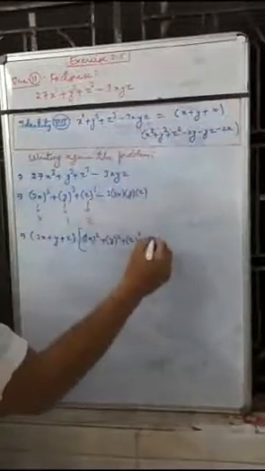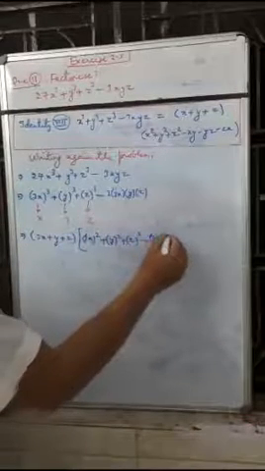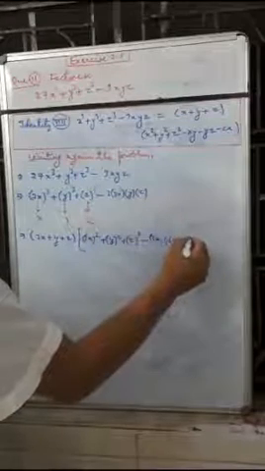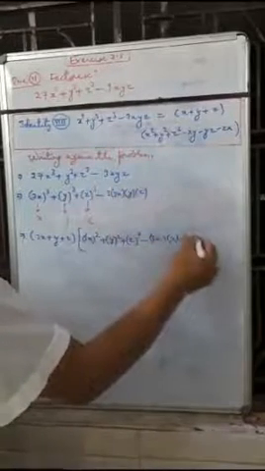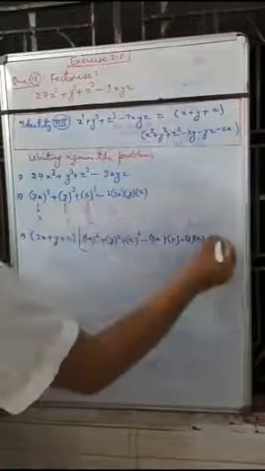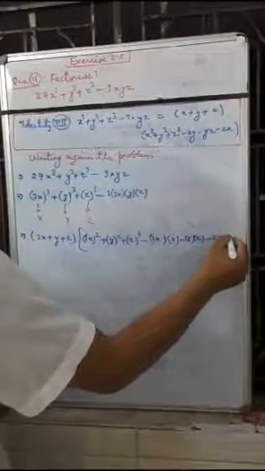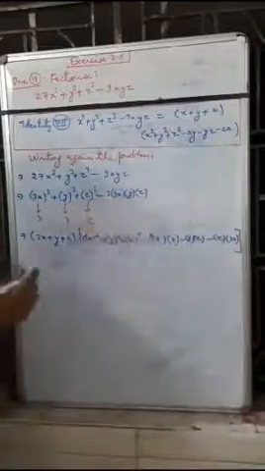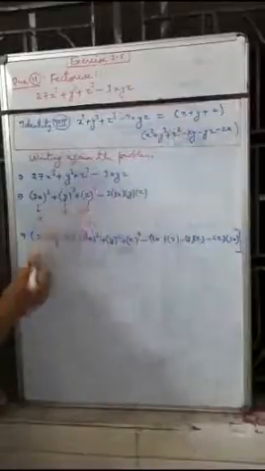Xy is equal to 3x into y, minus yz. So y and z, we will write z here, minus zx. So zx is z and x is equal to 3x. So we have converted the equation into the standard right hand side identity.